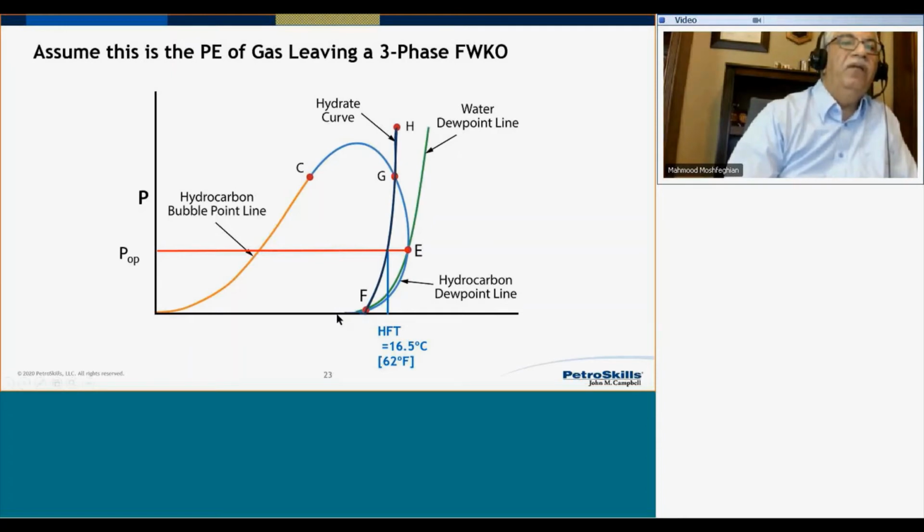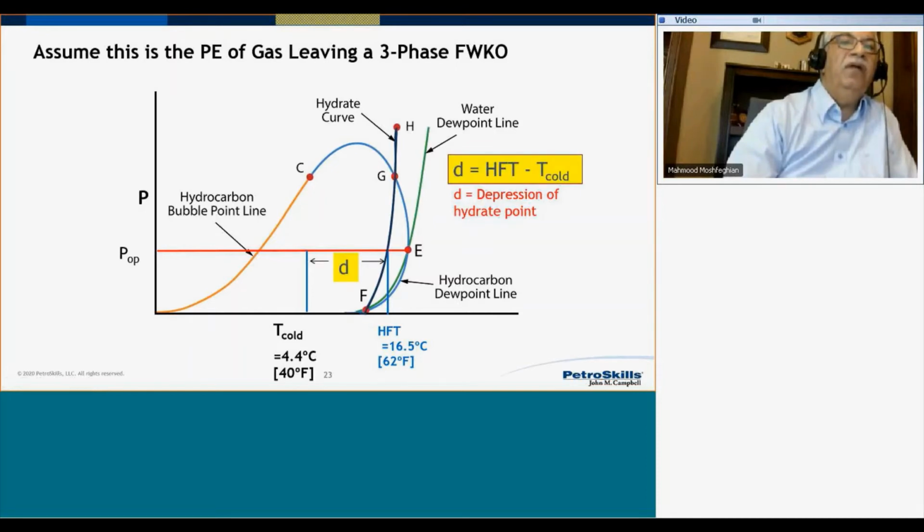And now I know my coldest temperature in the process, which is 4.4 degrees Celsius or 40 degrees Fahrenheit. Now to make sure I don't form hydrate, I have to shift this hydrate curve to this point. So how do I do that? I can use either methanol or glycol, which is MEG.